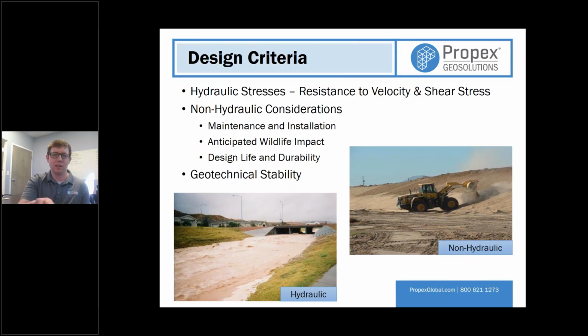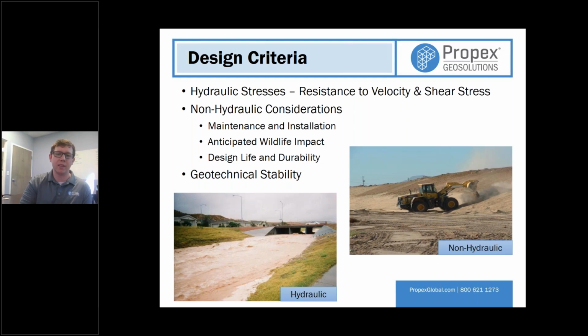So the idea is that these two pictures here, the project on the bottom left-hand side has very high hydraulic stresses on it, but will those hydraulics necessarily tear the material? Maybe the mechanical connection that we have to the concrete structures that are adjacent to the bridge, but the water itself is going to cause erosion, and if it's connected somewhere, it might tear it, but the water itself is not going to directly tear the material.